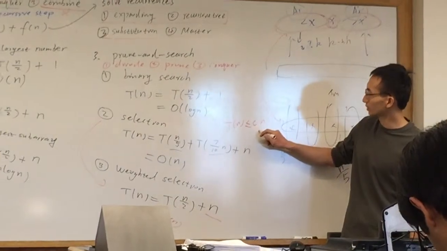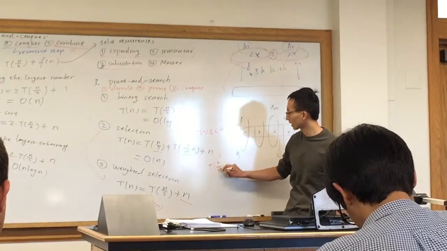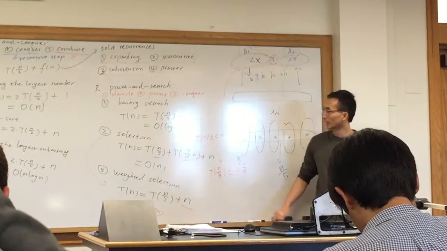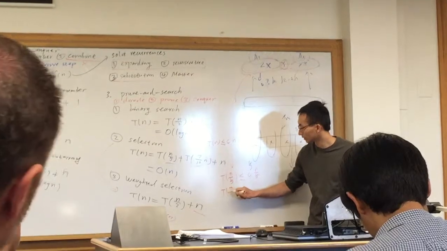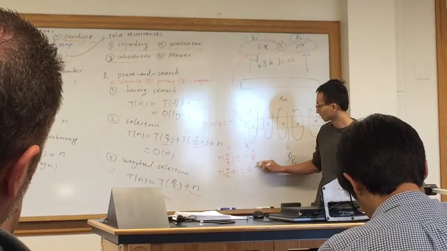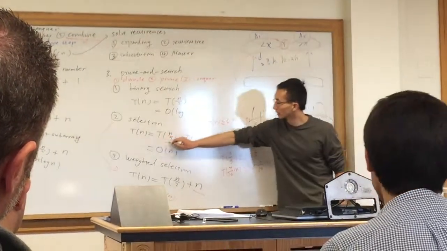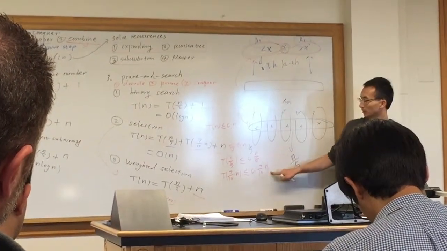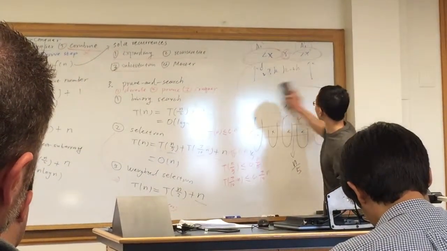Because you have this assumption, you will have C times n/5 for the first part, and this part is T(7/10 n), which is less than C times 7n/10. You want to show that this is less than C times n, and by using these two, we can get here.